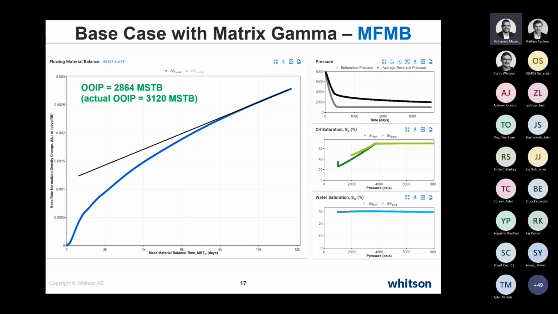If we give it enough time, it will eventually find the correct volume. But one of the outcomes of using pressure dependent permeability is that you will have a slower response in this flow material balance, which means that you'll see less volume early time compared to not having pressure dependent permeability.